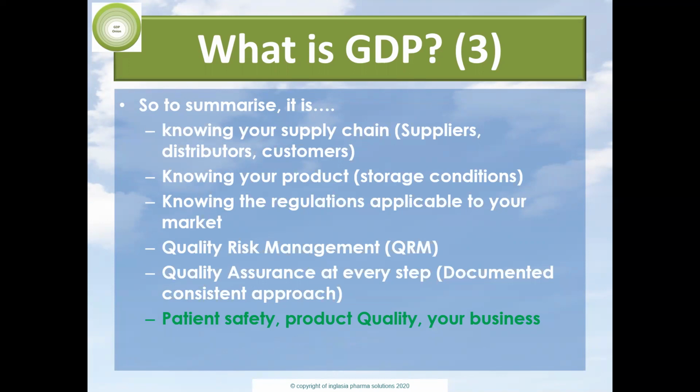And there's an expectation to have a process there and how that goes across the organization and defined within procedures within the quality system. And ultimately, with all this knowledge and all these systems in place, we will ensure the patient safety, the product quality, and your business is successful and efficient in what it does.